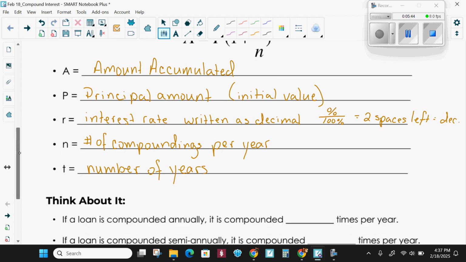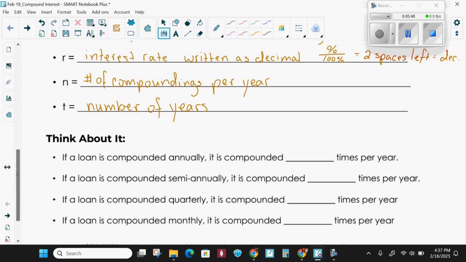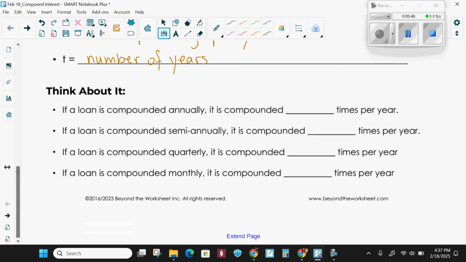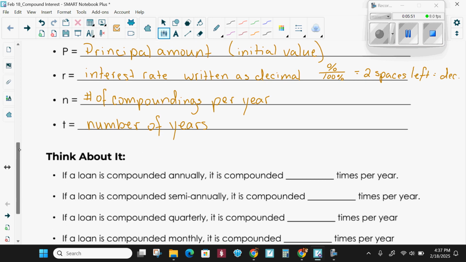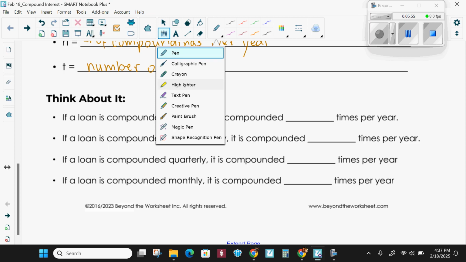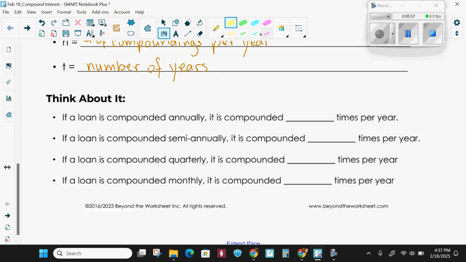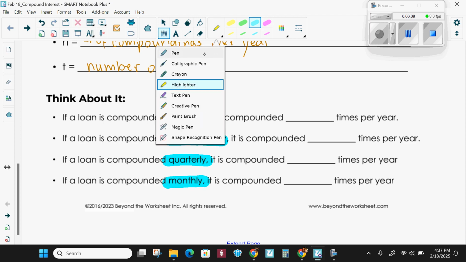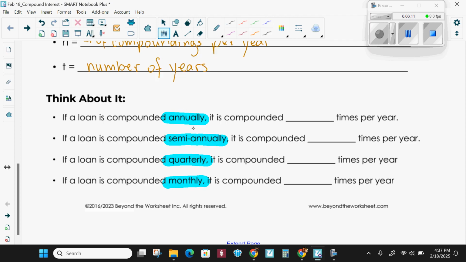Okay, so you're going to need some words to describe the compounding. And so we have some words here in these sentences that you need to remember. So we've got annually, semi-annually, quarterly, and monthly. Okay, so these are different values or times of compounding.